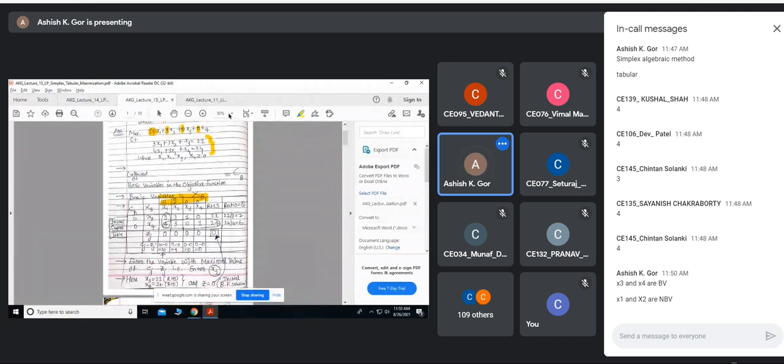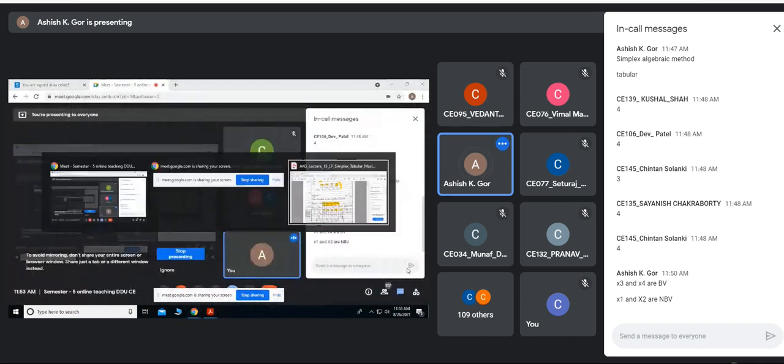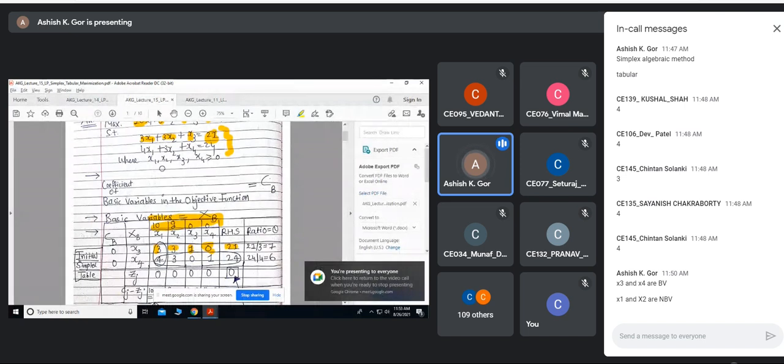Under x1, I write 3. That is this 3. Under x2 also, I write 3. Under x3, its coefficient is 1, right? So 1. There is no x4, so I write 0. And the right-hand side is 21. Then again, 4, 3.